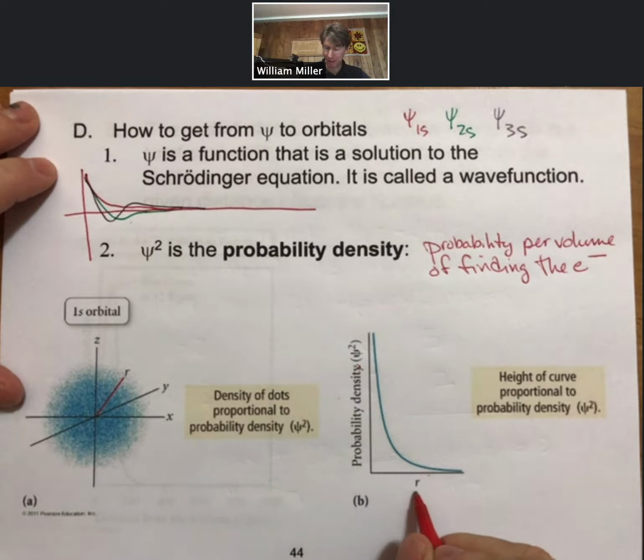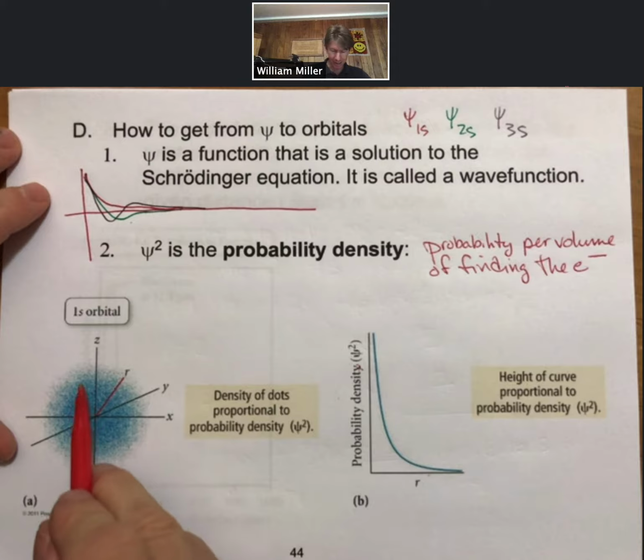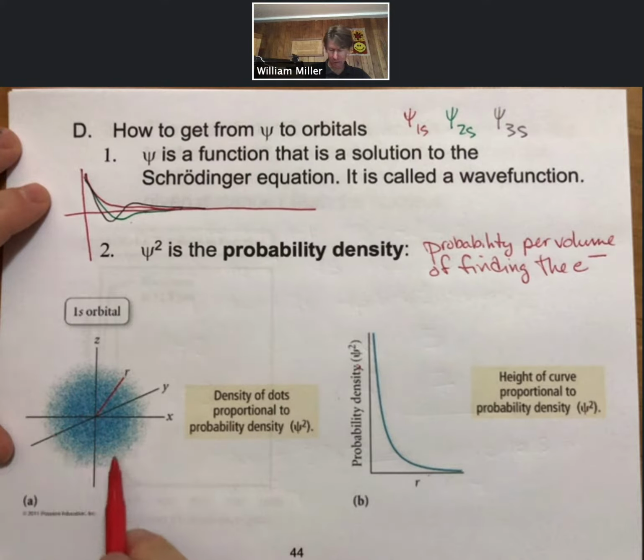And this is radius away from the nucleus. And what this looks like is your typical orbital, and meaning that for 1s, it will look like a sphere.